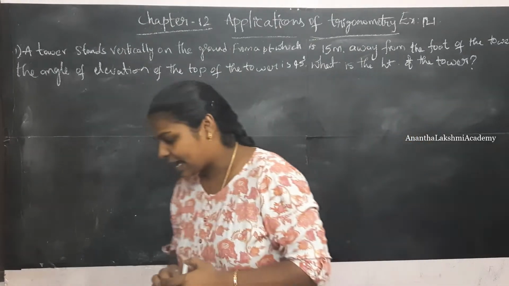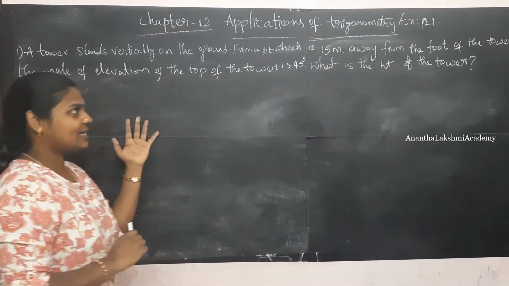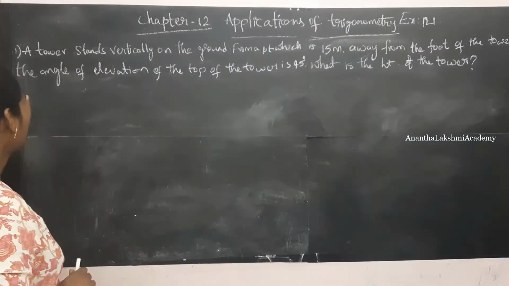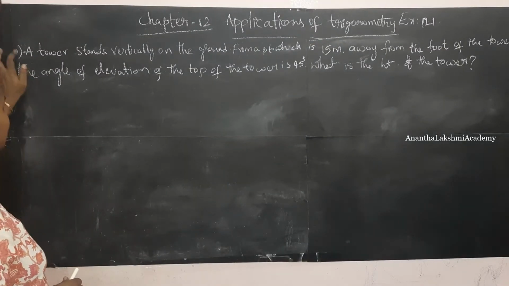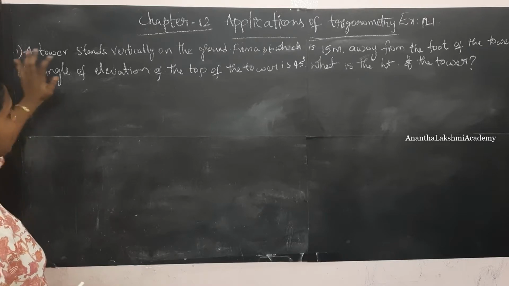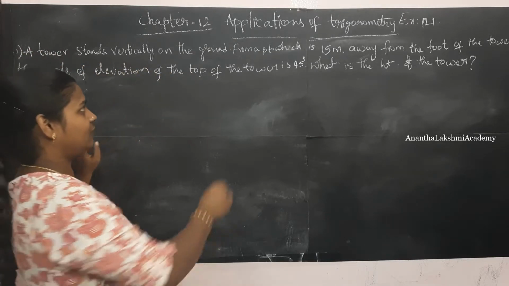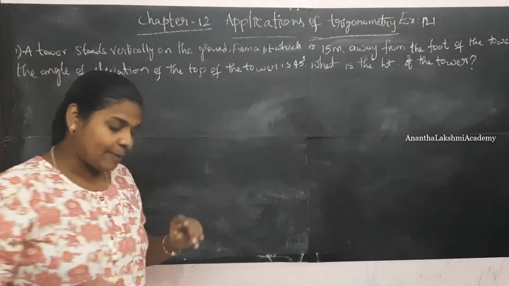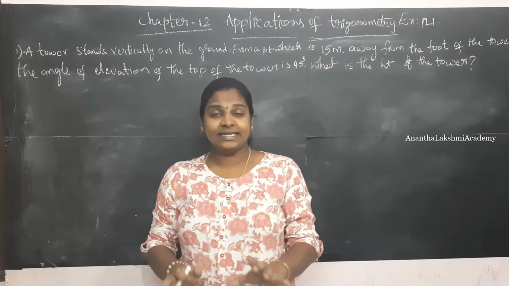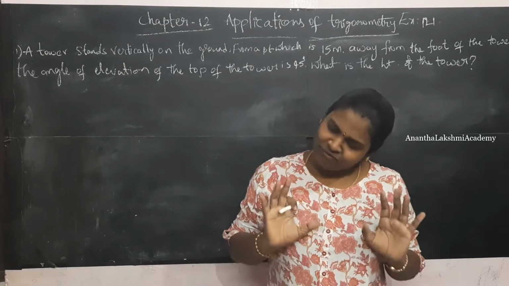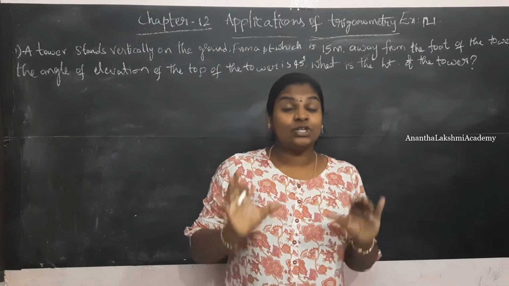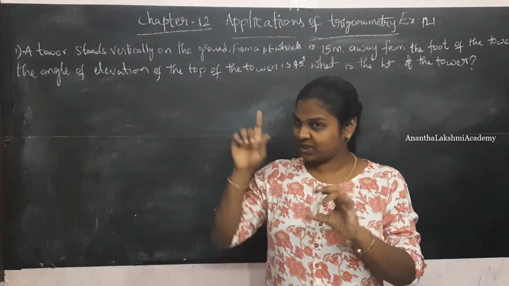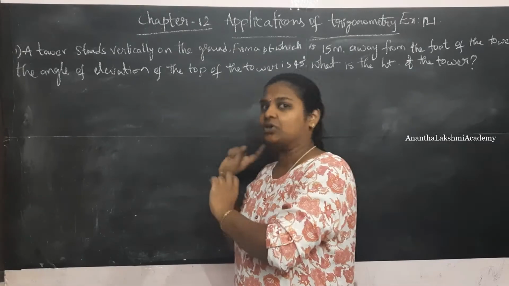This is the first problem in exercise 12.1. A tower stands vertically on the ground. In applications of trigonometry, it is very important for us to understand the question first and accordingly draw the diagram.